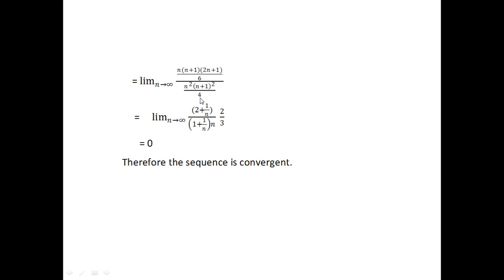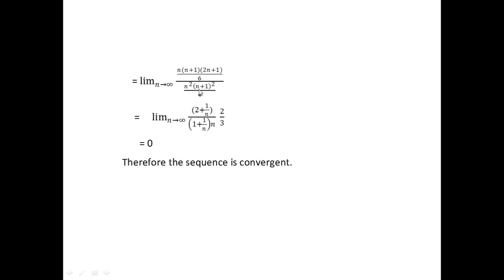Six is in the denominator; 2 twos are 2, 2 threes are 6. Now this 2 comes to the numerator, so it becomes 2 by 3. Taking n common in n plus 1, it becomes n square. Taking n common in 2n plus 1, we get n square into n cube, that is n cube into 1 plus 1 by n into 2 plus 1 by n, and this is the numerator.